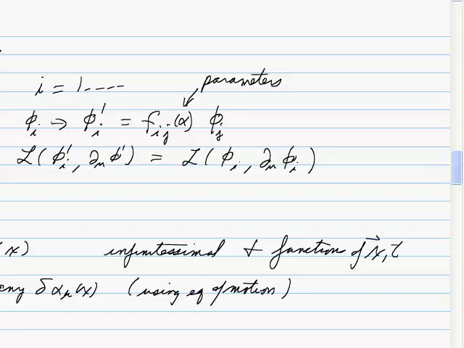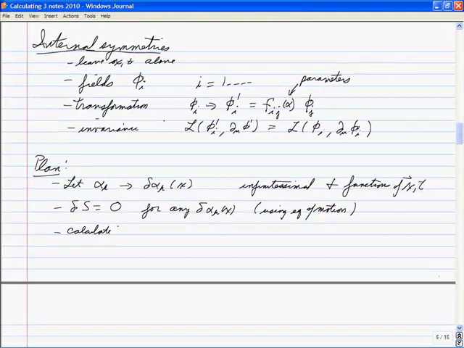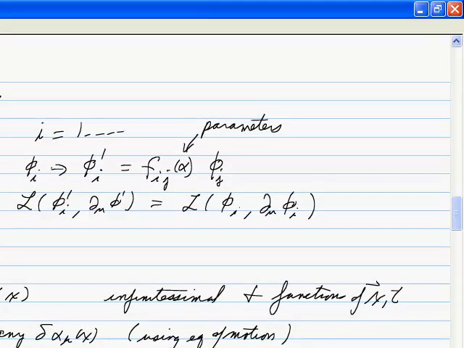Our task is to calculate delta f, and you'll turn it into the form integral d4x d mu j mu k delta alpha k of x. We turn it into that form, and then from that you can read off the conservation law. That has to be 0. So that's the game.